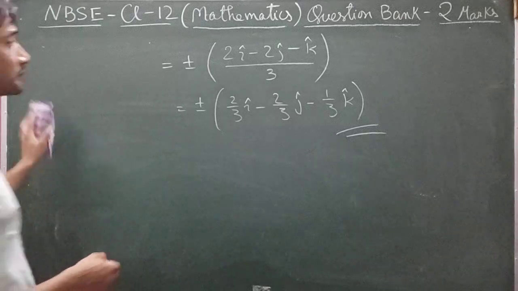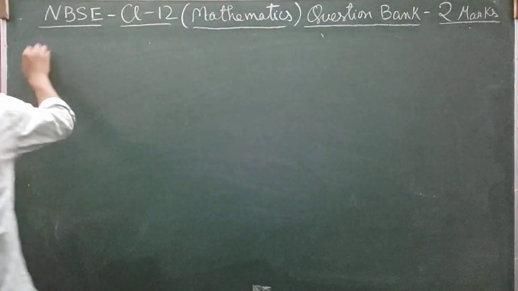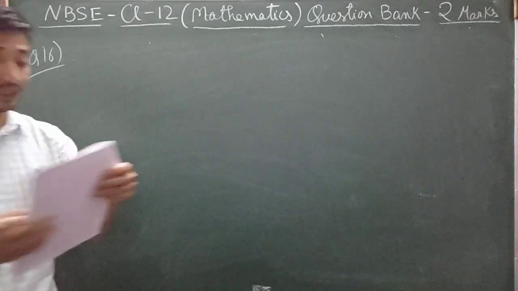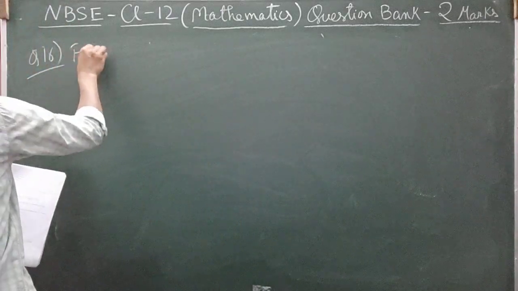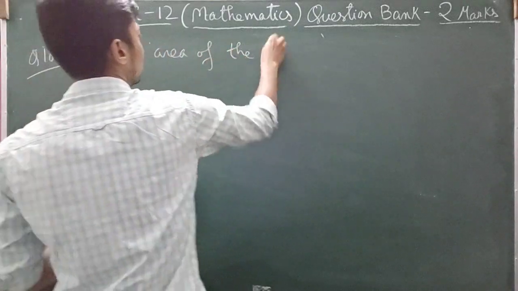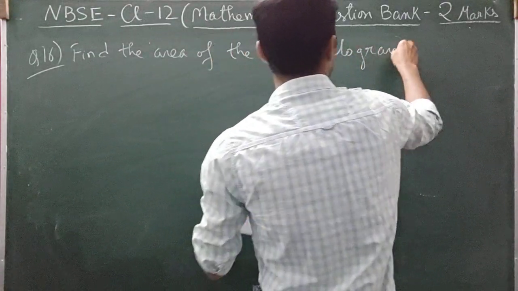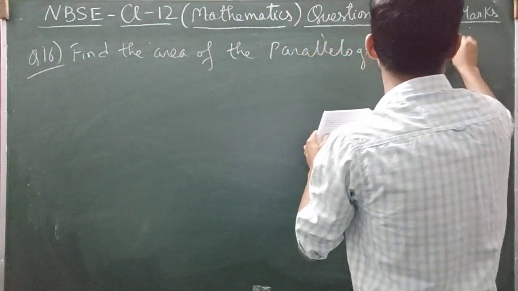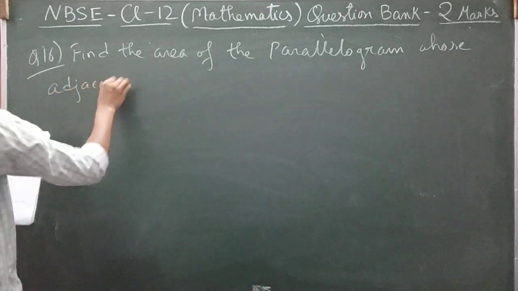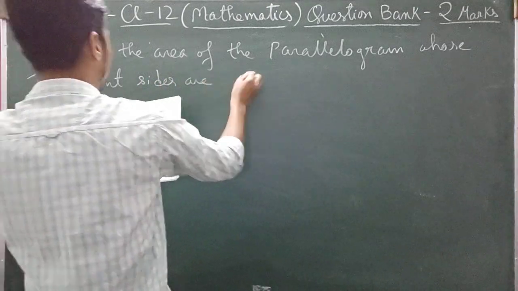Next, number 16. Find the area of the parallelogram whose adjacent sides are determined by the vectors.